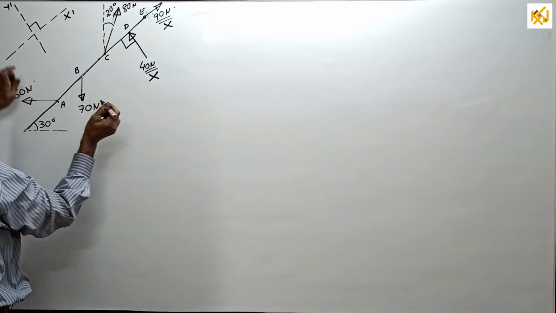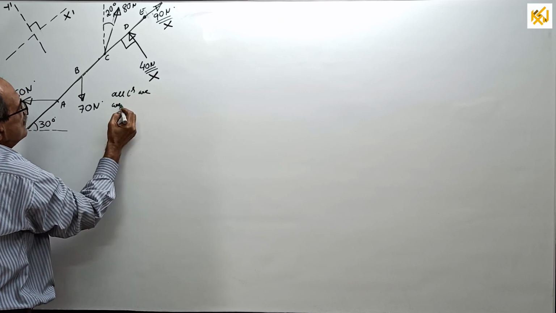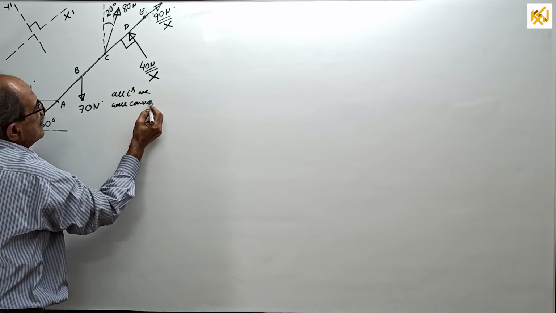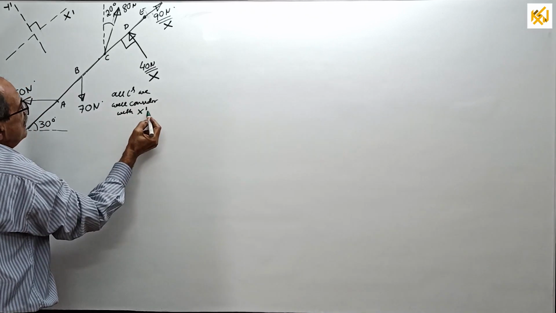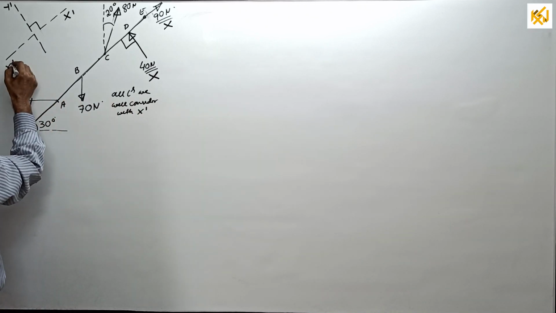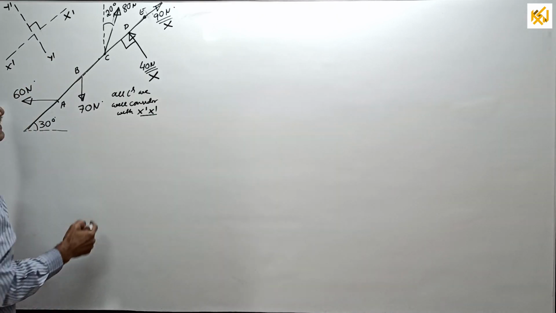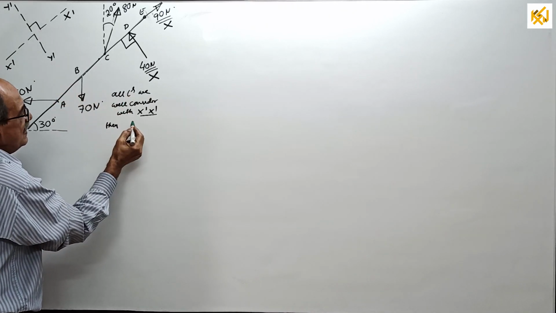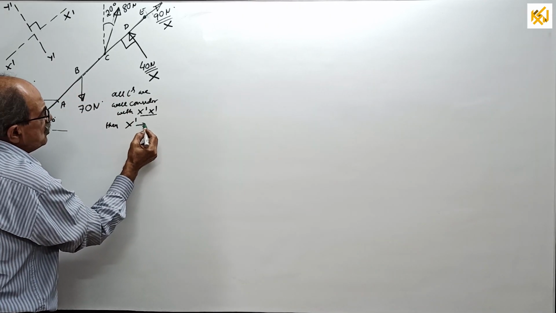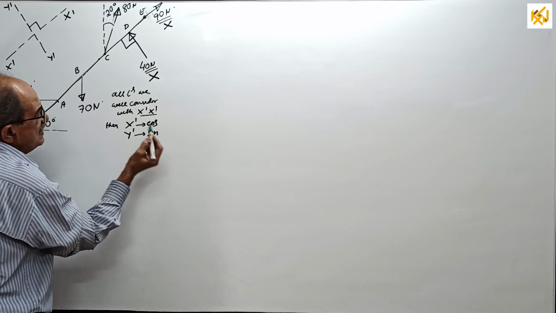So all angles we will consider with x dash, because people call it x dash. Then directly along x dash the component is cos, along y dash the component is sine.